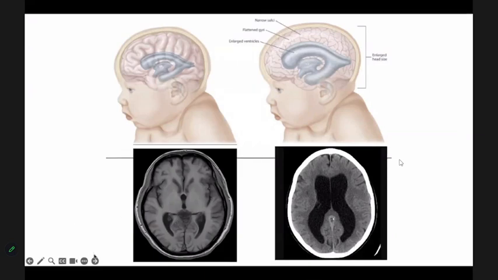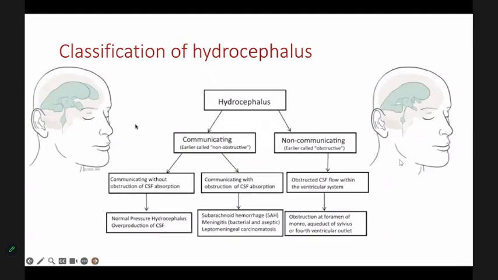Okay, so let's move on to understand the classification of hydrocephalus. Now you have a basic picture, and also we had a beautiful clinical case, which was described in the previous lecture. So we should be able to understand the types of hydrocephalus. Basically we divide them into two groups. We call them communicating and non-communicating.